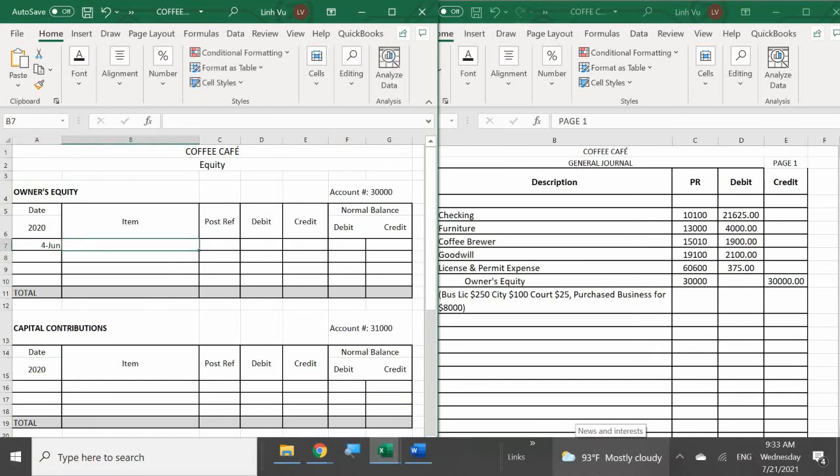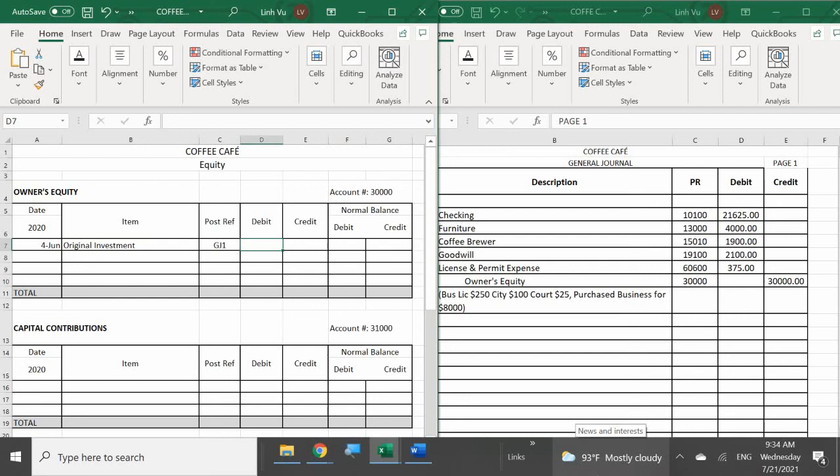This time, I'm going to say original investment, because that's what he originally invested into the company. Post reference, general journal number 1. He dedicated $30,000 into this account. Now, this is where you have to be very careful.